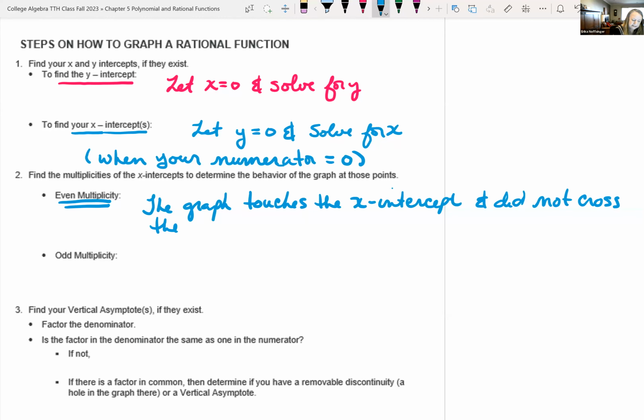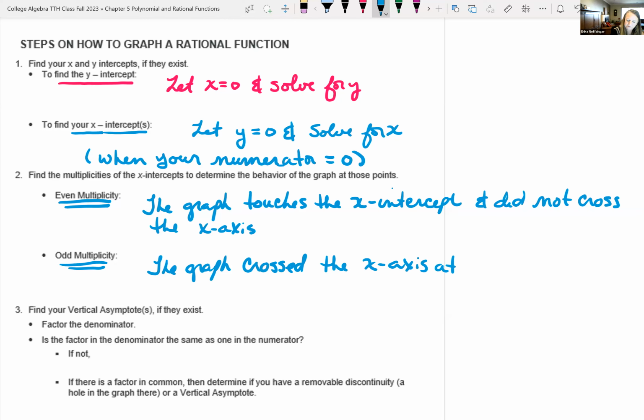If our factor had odd multiplicity, meaning the factor occurred an odd number of times, then the graph crossed the x-axis at this intercept.